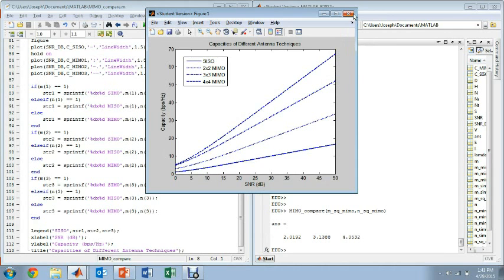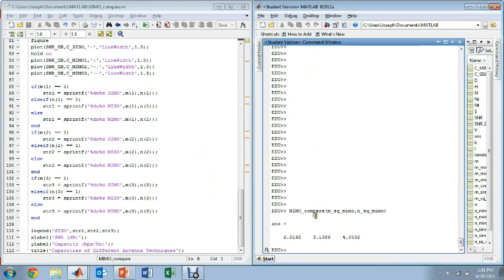Now it's important to note that these increases are not exactly linear, they're not exactly equal to M, because each transmission matrix is regenerated since they're different size matrices. But still, looking at the output of the maximum values, we see that they're quite close to the expected. So for the 2x2 we have an increase of 2.02, the 3x3 3.14, and for the 4x4 an increase of 4.05.